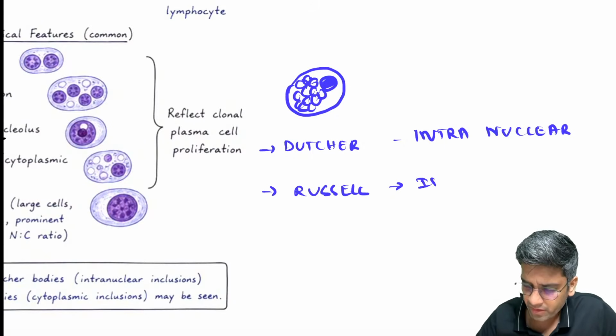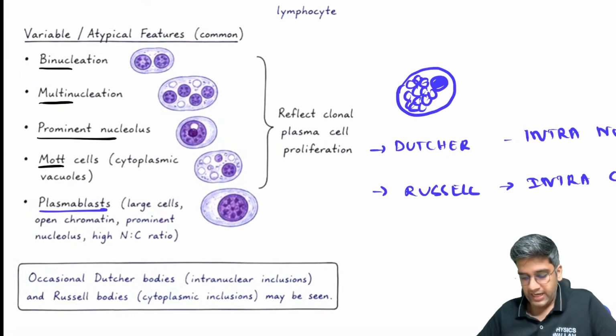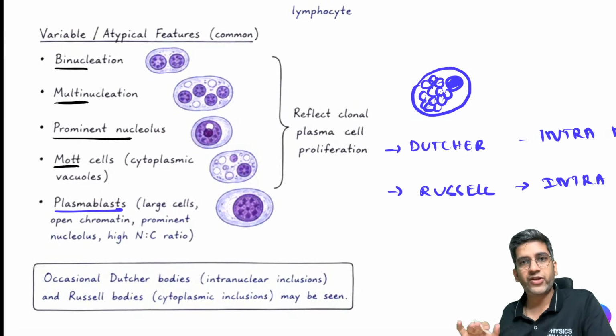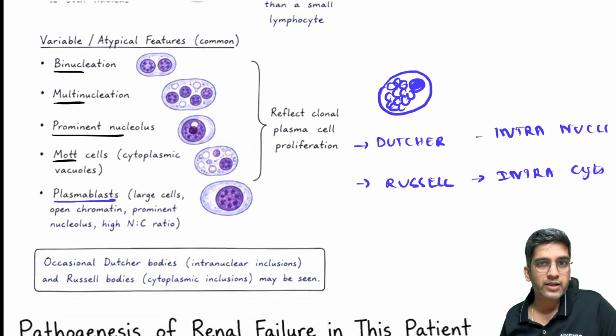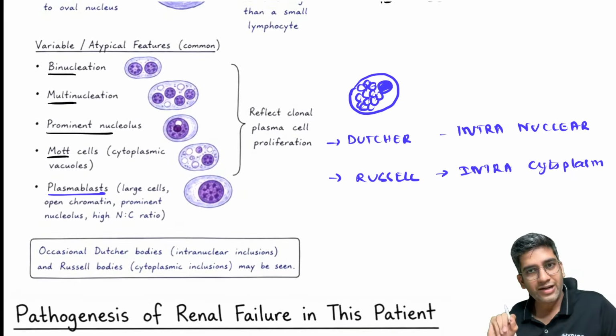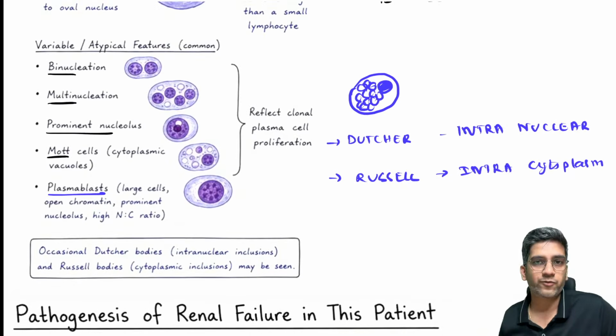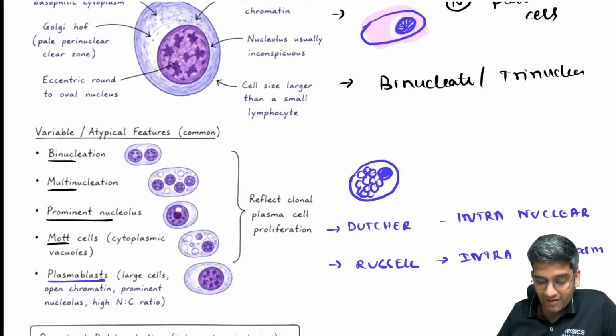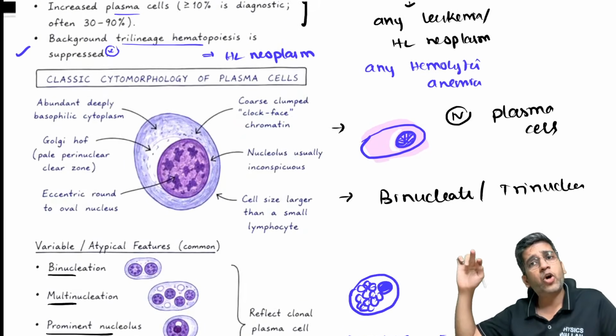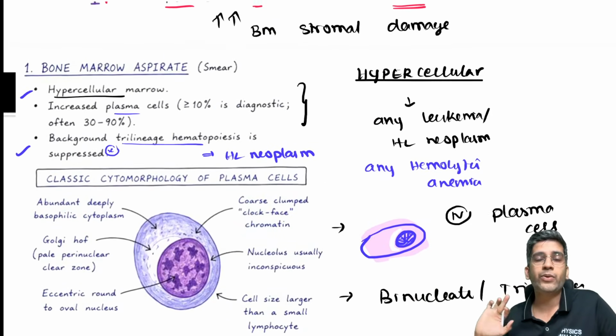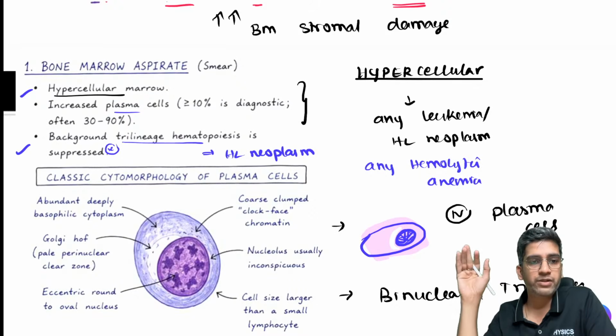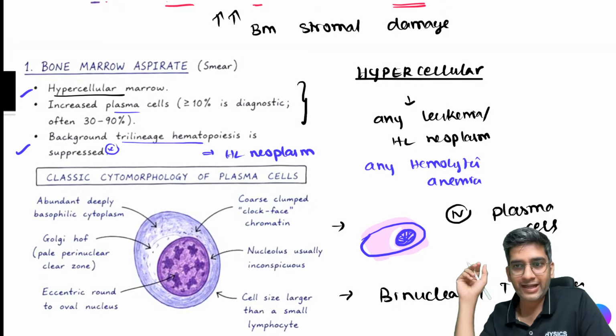Russell body, intracytoplasmic inclusions. So this also is possible, right? I can have Dutcher body, Russell bodies, and all the variations of plasma cells, right? Simple way. If you can write one line, draw a diagram like this, enough. Need not be beautiful diagrams, need to be representative diagrams. Please understand that, right? So I can have all these atypical findings or even a normal plasma cell, but the only thing required for me is more than 10%. The percentage is more important than others, fine?